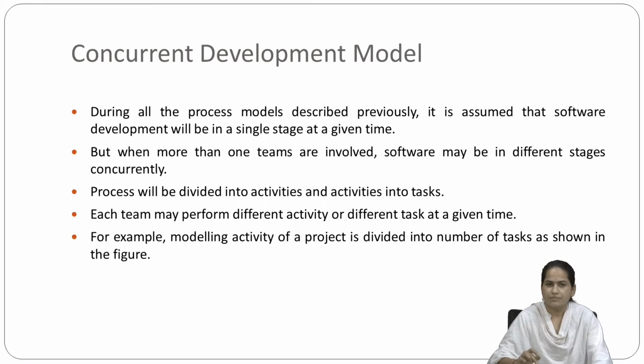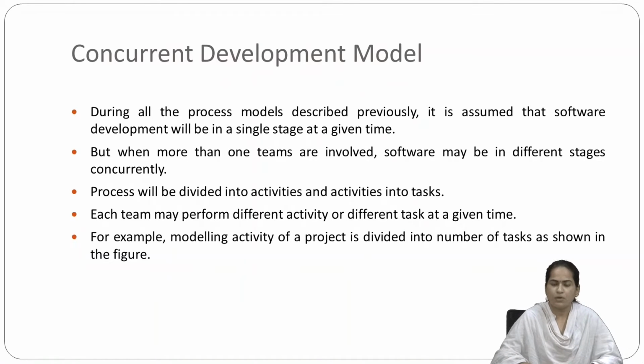After this, we have another model called the concurrent development model. Now in the concurrent development model, what do we have? In all the process models described previously, it is assumed that software development will be in a single stage at a given time.